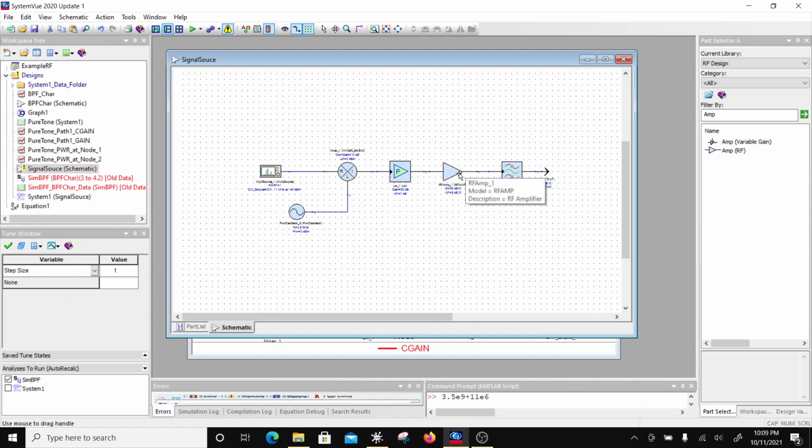Now if the PA is compressing, then you have to figure out whether it's a driver stage or a power stage compressing. You might need a larger transistor at the output. So I guess you understand how this system view is useful in RF analysis, right?